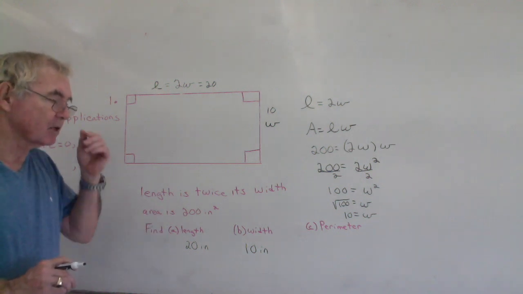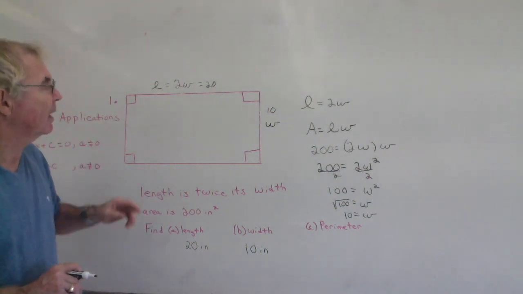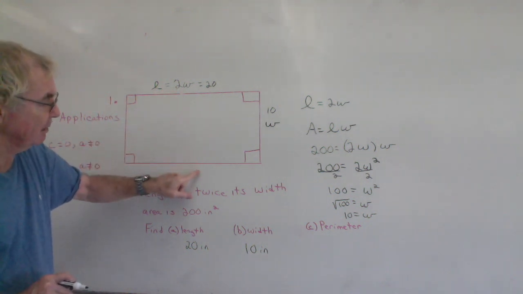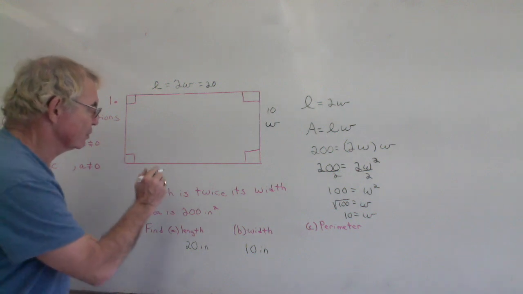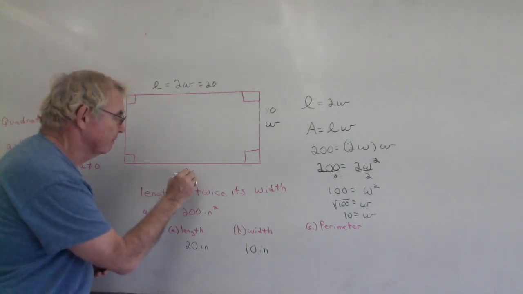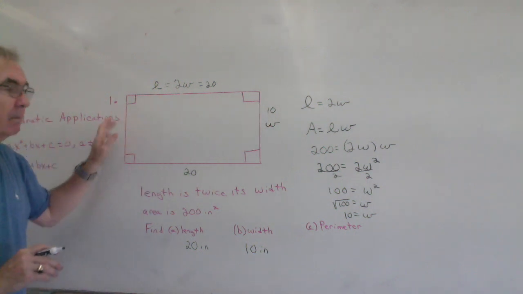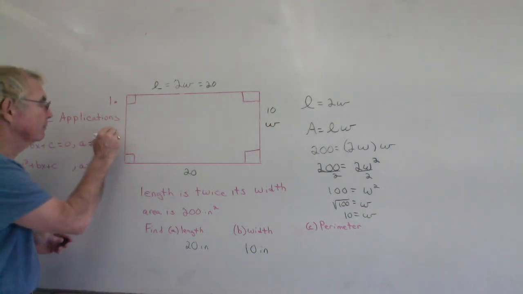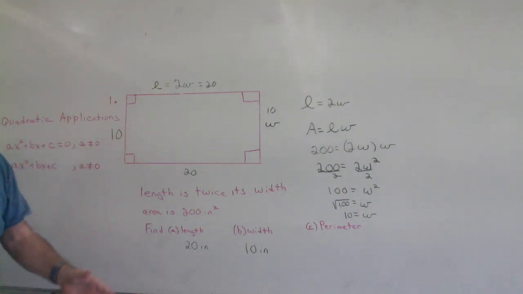And then the last question is perimeter. Remember, in a rectangle, opposite sides are the same. So if this is 20, the top's 20, the bottom's 20. If the right's 10, the left's 10. The perimeter is the distance around it.